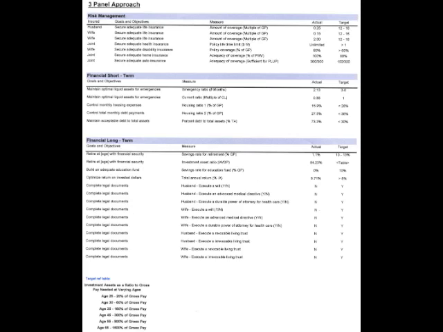This next sheet illustrates what we call the three-panel approach. We break out our analysis into three main sections: risk management, your short-term financial goals and objectives, and your long-term financial goals and objectives. Now, risk management has to do with adequate insurance coverage.